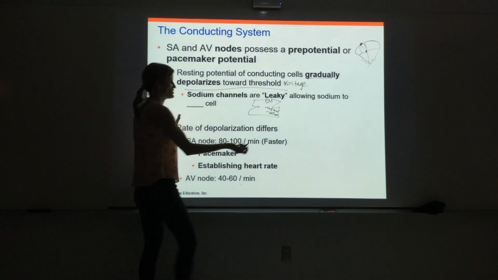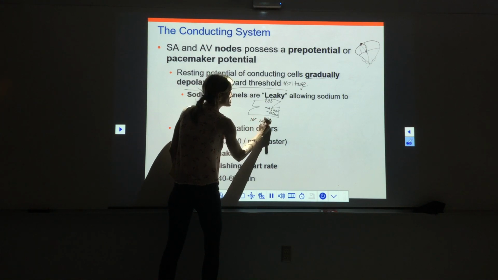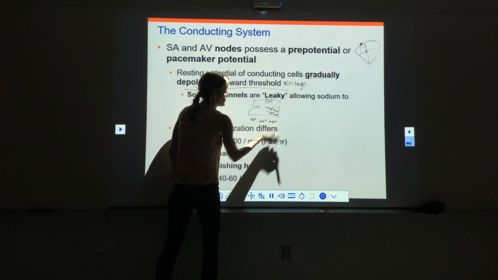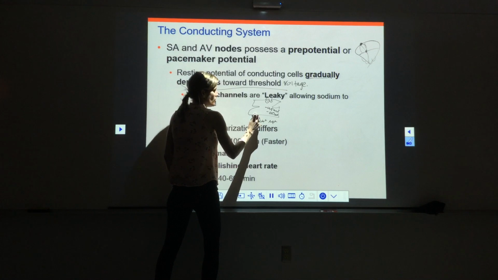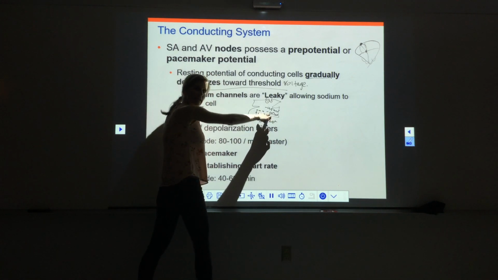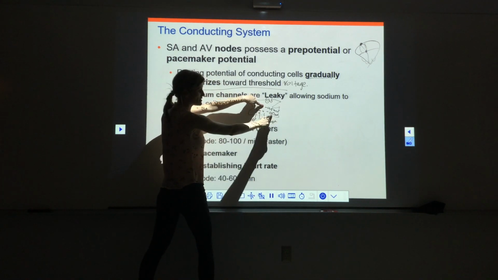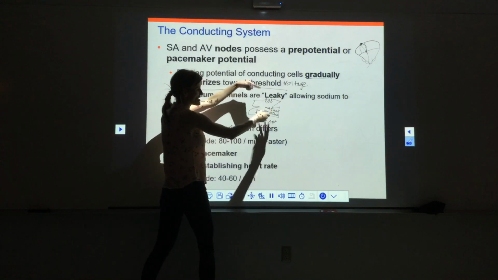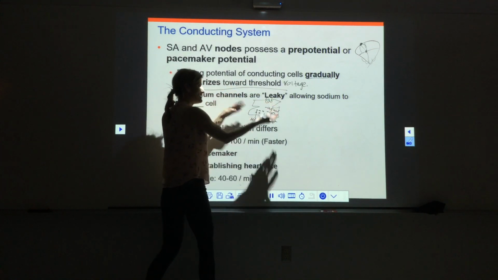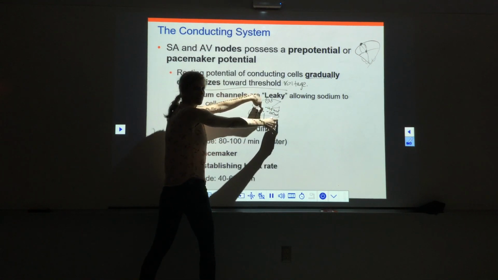And where is there more sodium? Outside. So diffusion says the sodium's going to go where? Inside. As positive charges leak in, we get less and less negative. If there's a difference between inside and outside of 60 millivolts, and now I allow, to make it easy, 10 positive charges in, now I'm not at negative 60, I'm at negative 50.